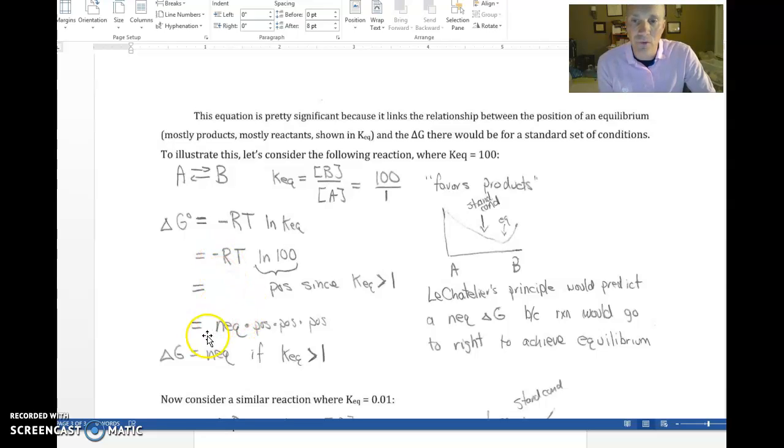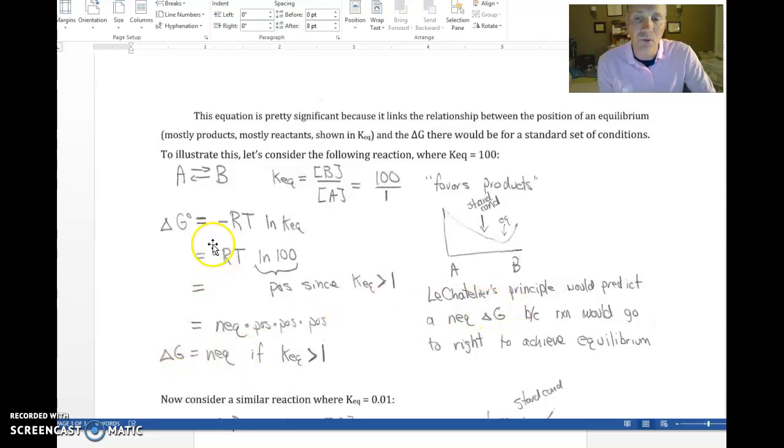We have your negative, multiplied by R, which is a positive number, and T, which is in Kelvin, so all of those are positive. And the natural log of this large number is going to be positive. So all of these things multiplied by each other are going to give a negative value, and that's consistent with what we would have predicted earlier.